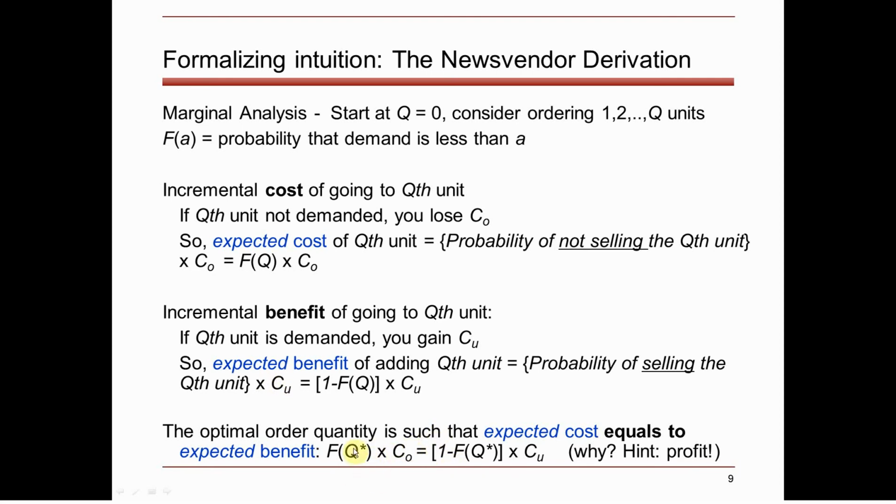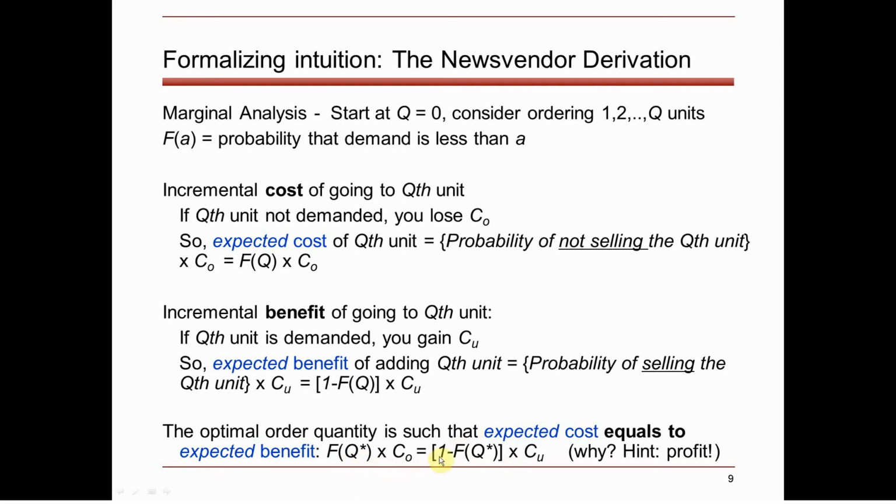So this is the expected loss of not selling, and this is the expected loss from having too many. So exactly where these things are equal is the place we want to find: what value of Q makes these two equal.